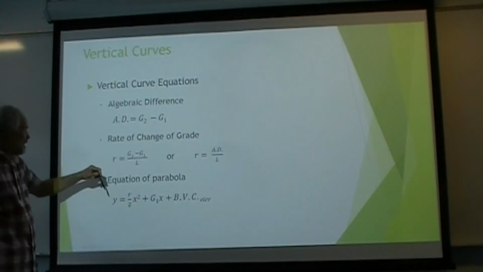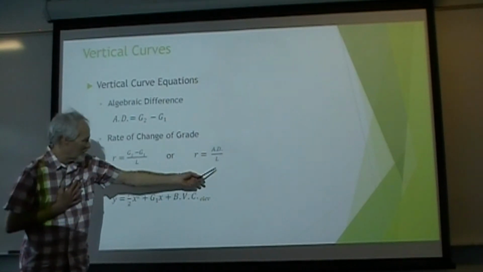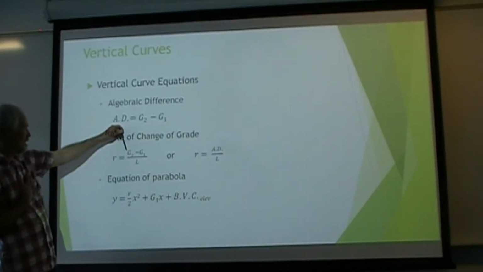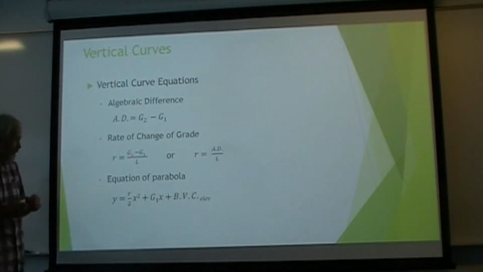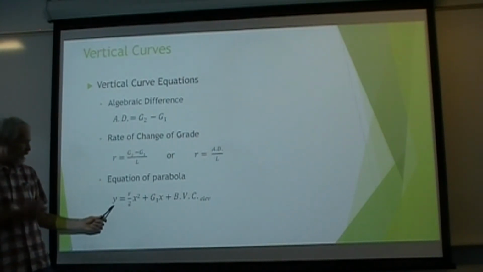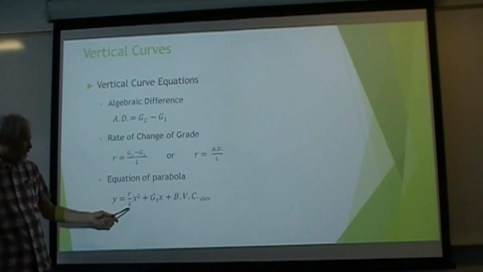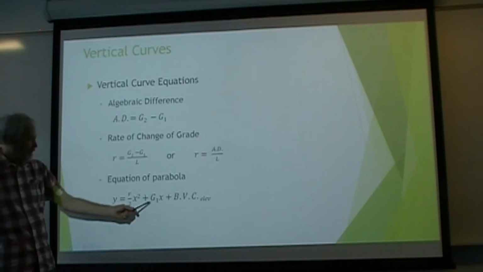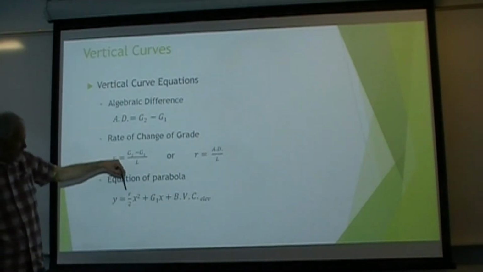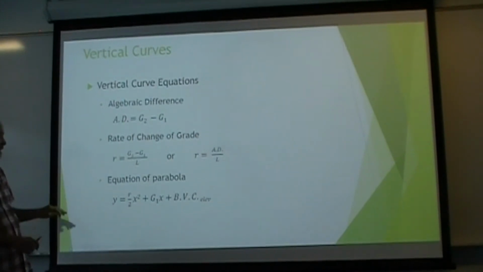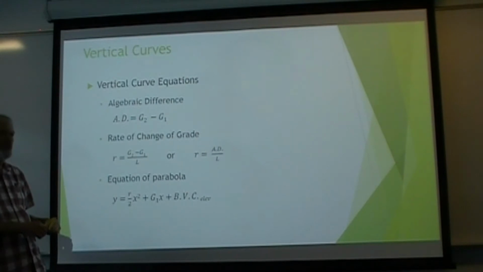The rate of change of grade is your algebraic difference divided by L, where L is expressed in stations, so you can just do grade 2 minus grade 1, divided by L. The equation of the parabola, for any value y, which is the elevation on the curve, is r over 2 times x squared, plus g1 x, plus BVC elevation. Once we've calculated some of this, it's easy to plug in, and this allows us, for any value x, to get a value y on that parabola.